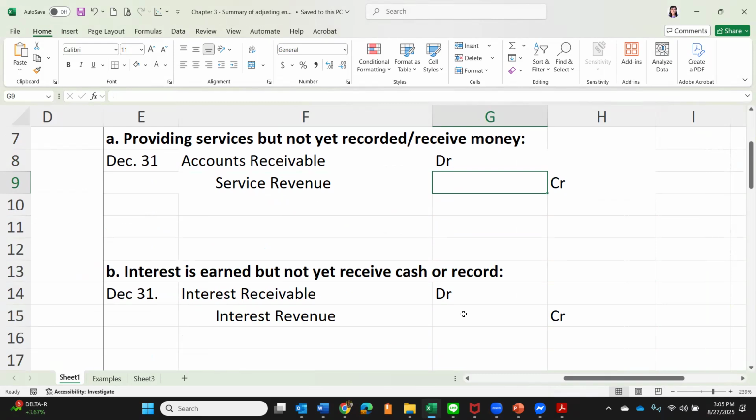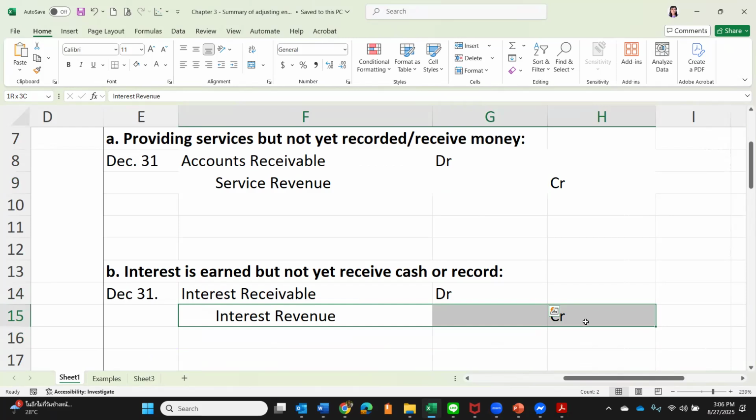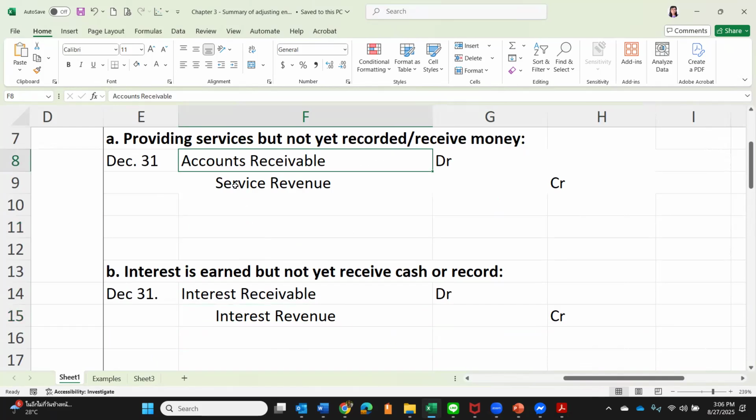If it is interest, like you lend somebody some money and charge them interest, for some time you earn the interest, but you haven't received the money yet. So we debit interest receivable and credit interest revenue. This is also called accrued revenue. So for accrued revenue, we can have accounts receivable debit and service revenue credit, and if it's interest, we debit interest receivable and credit interest revenue.